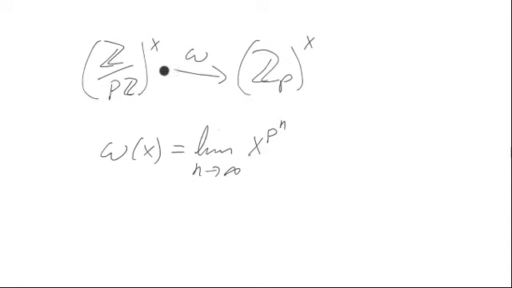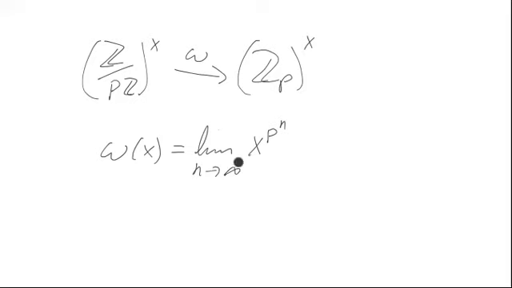In fact, it'll be a group homomorphism, a multiplicative homomorphism here. One way to see that, assuming this limit exists, which we'll talk about, is using the fact that multiplication is continuous according to the p-adic metric.